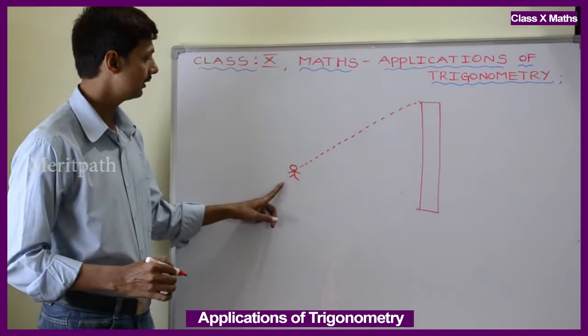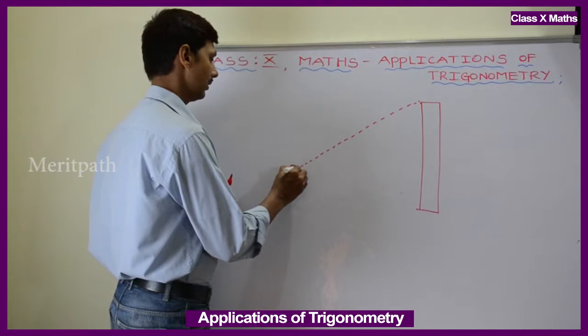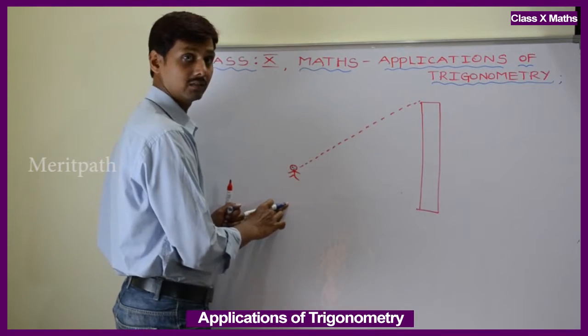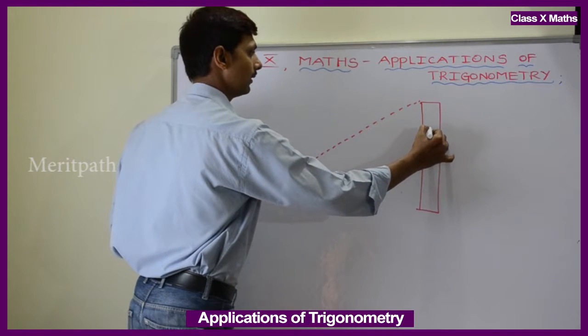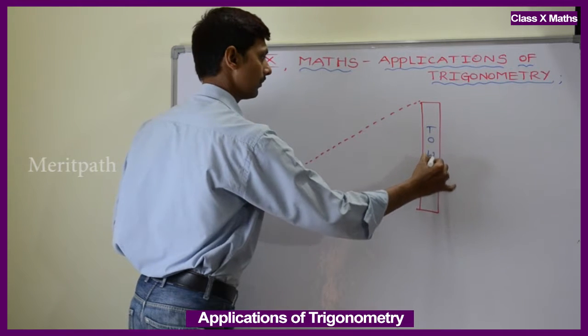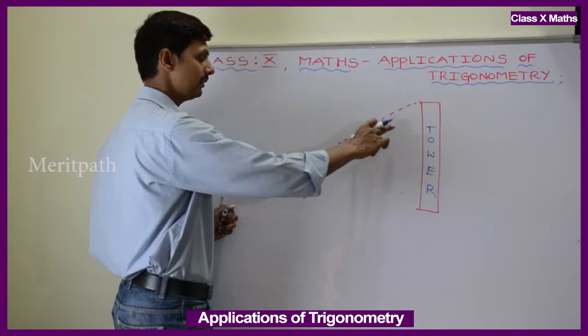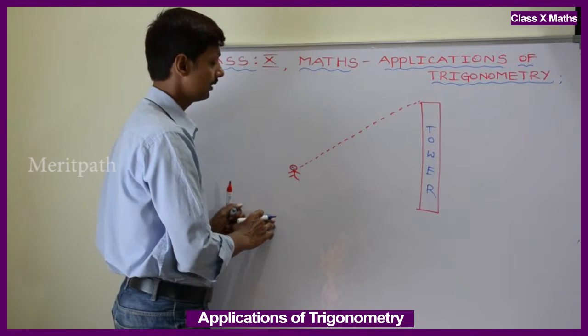One of the observers is observing an object which is above his eyesight. Let us see, this is a tower. He is observing this tower, which is above his eyesight.